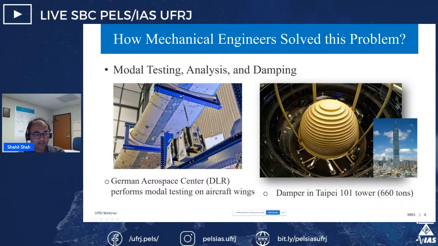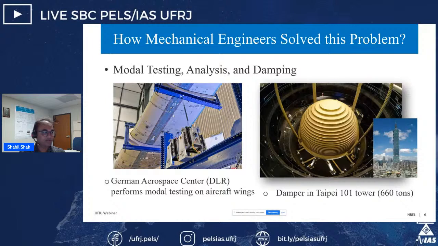So you vibrate a structure at different frequencies, take measurements at different points, and that will give you the resonance or oscillation or vibration modes of that mechanical structure, right? Based on that information, we can refine the design of the structure or put some damping mechanism in the system, and that is how we eliminate or damp this oscillation mode.